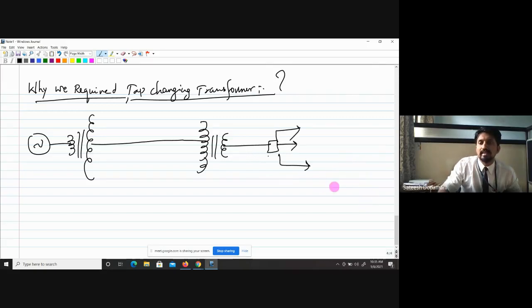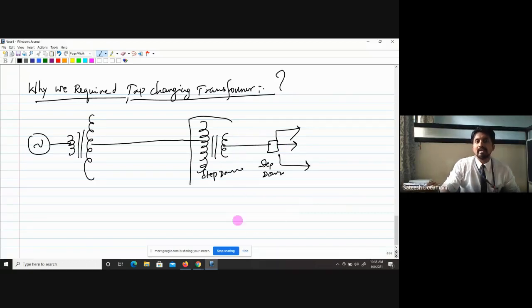This distribution transformer is also a step down transformer. Now, where do we require this tap changing transformer? At this particular place.